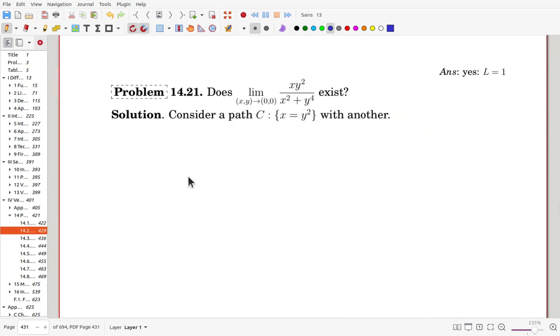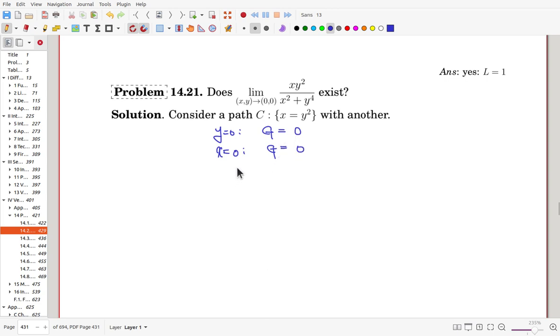Okay. Now, does the limit exist? For this one, you may start simply with y equals 0. Then again, you can easily see that the numerator will be 0, so the given problem has limit 0.